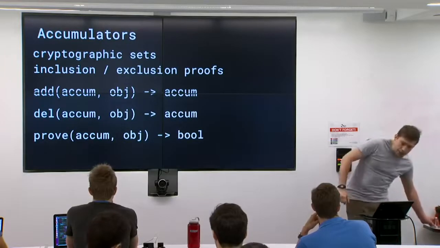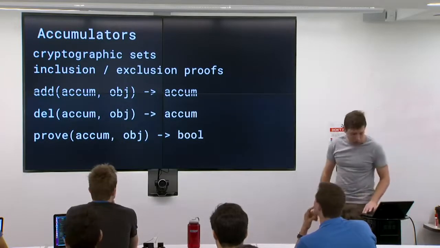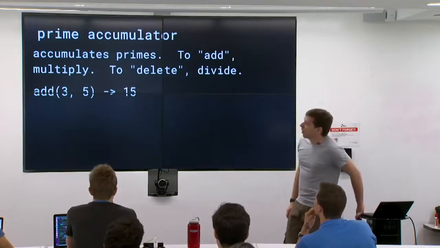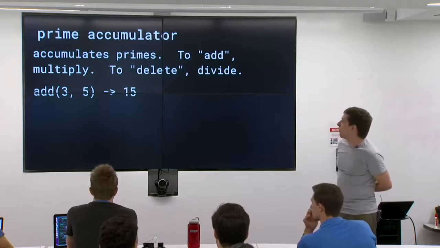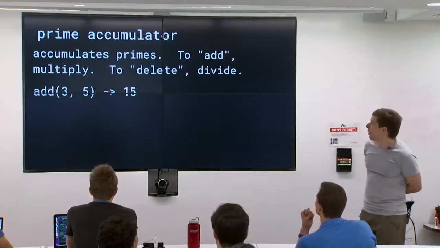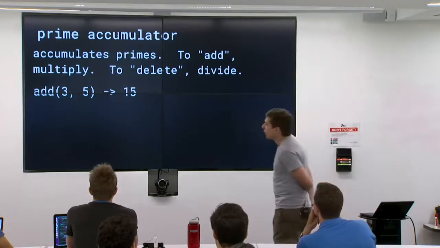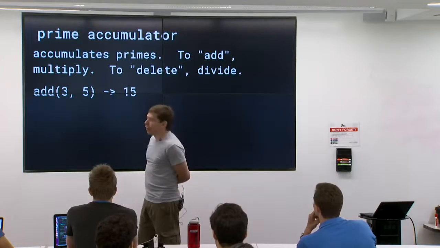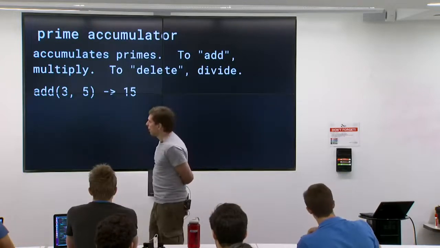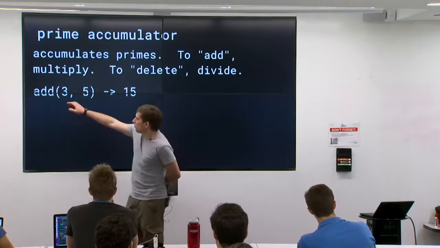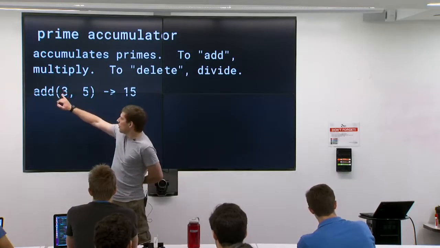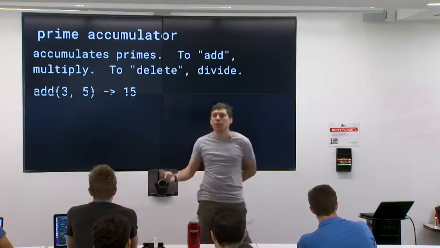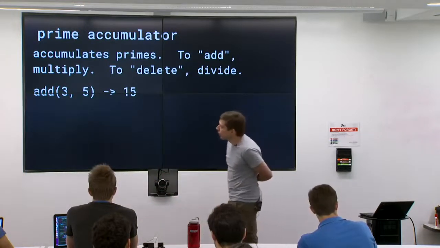So the simplest example, which I think is kind of fun, is composite numbers. You accumulate prime numbers. To add, multiply. To delete, divide. If you're going to do this, you start with 1. 1 is not a prime, so you cannot prove any prime exists within that accumulator.